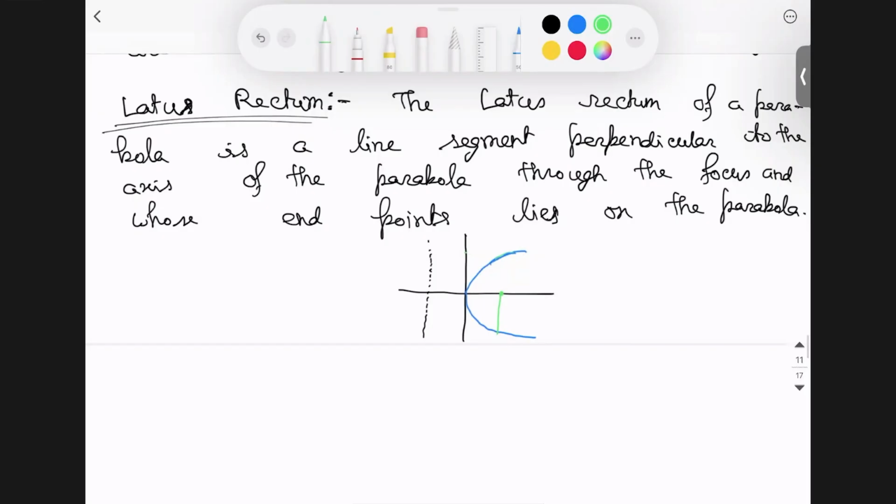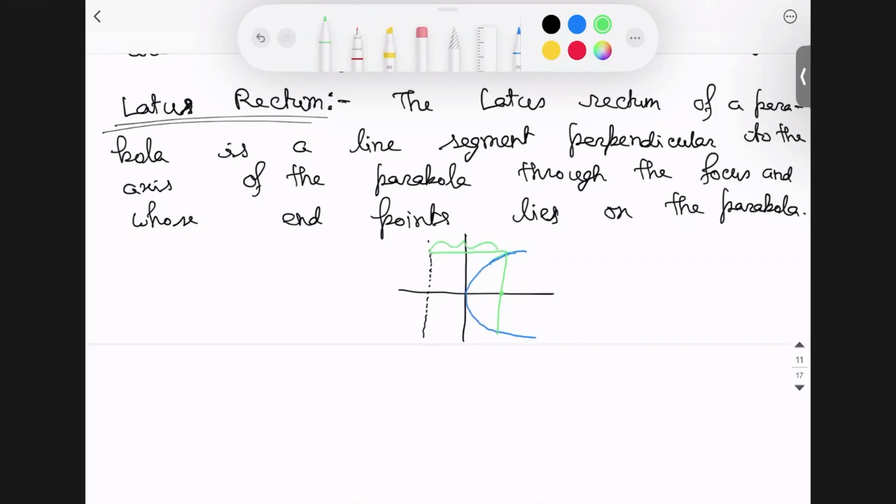The distance from here to here and the distance from here to here will be the same by the definition of the parabola. So this distance equals this distance, and the whole distance will be twice that distance.